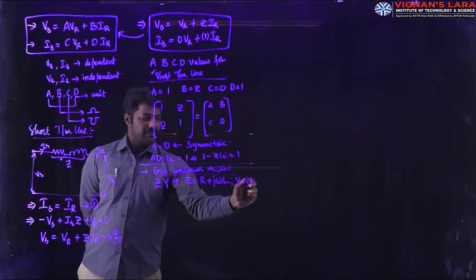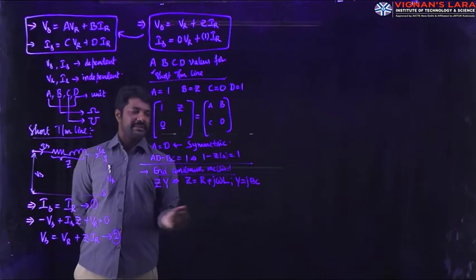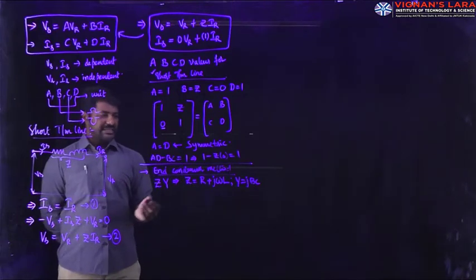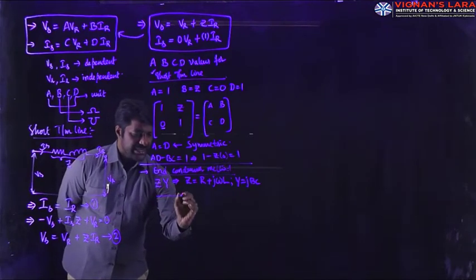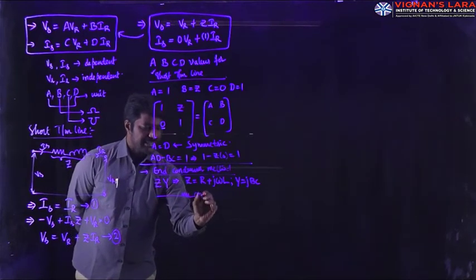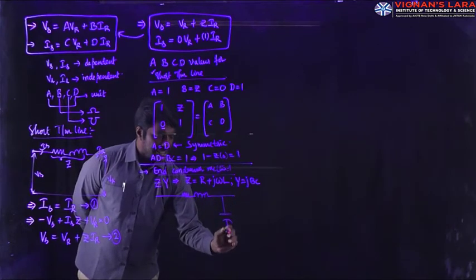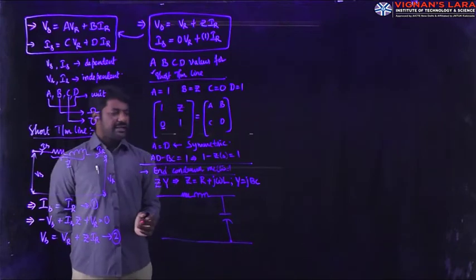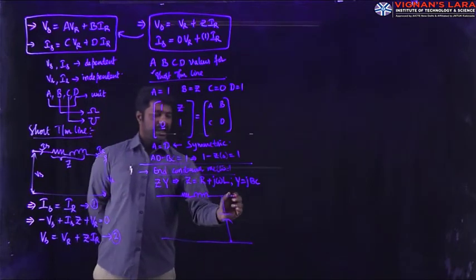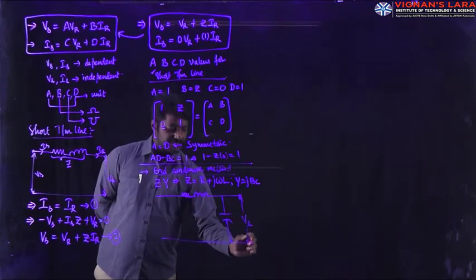and Y is equal to 0 plus j BC, where BC is called the capacitive susceptance. The network is now modeled as a series impedance like this and a shunt branch admittance, and that entire shunt branch admittance is located on the receiving end side, and the port terminals are identified as VR.